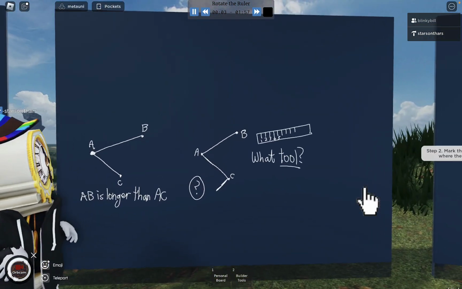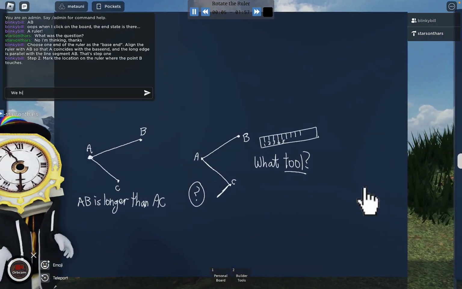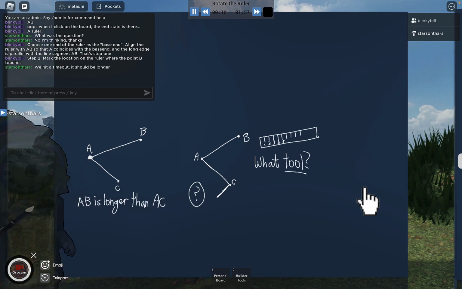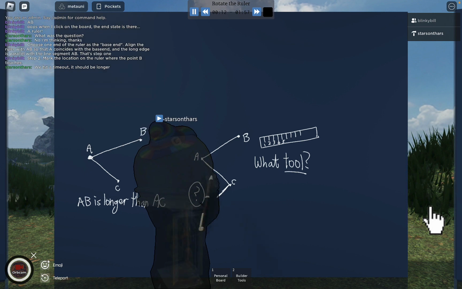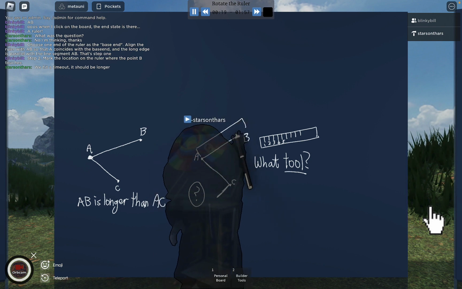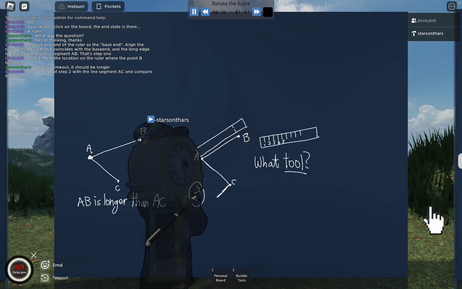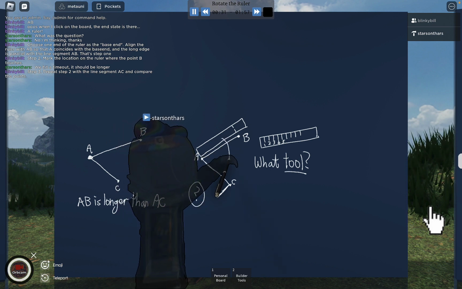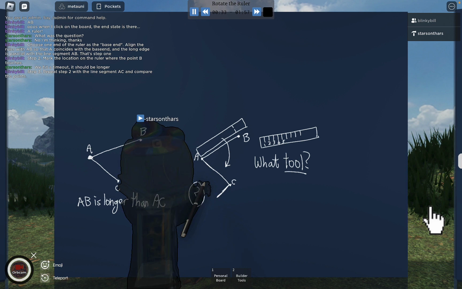So one approach we can take to comparing the two lines is to rotate the ruler. So we start by placing the ruler along one of the lines. We then make a mark on the ruler corresponding to the point B. We then rotate the ruler until it lines up with AC.